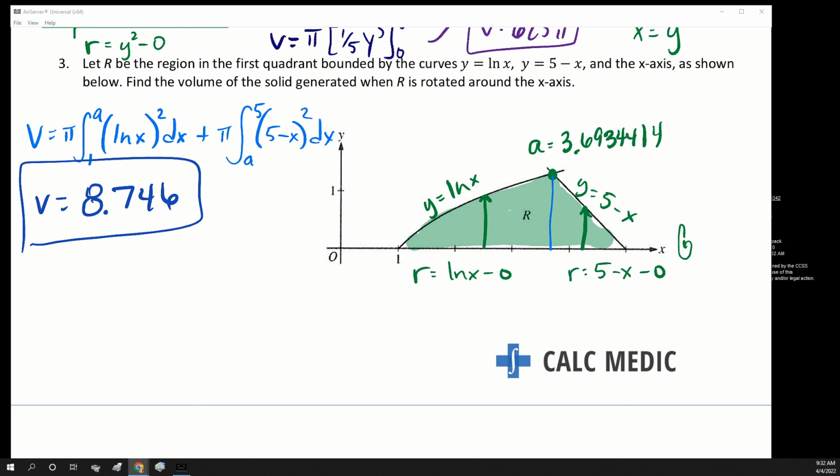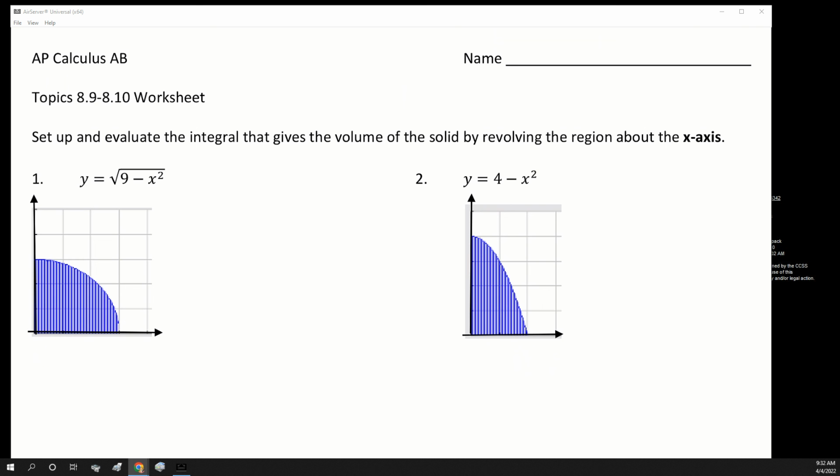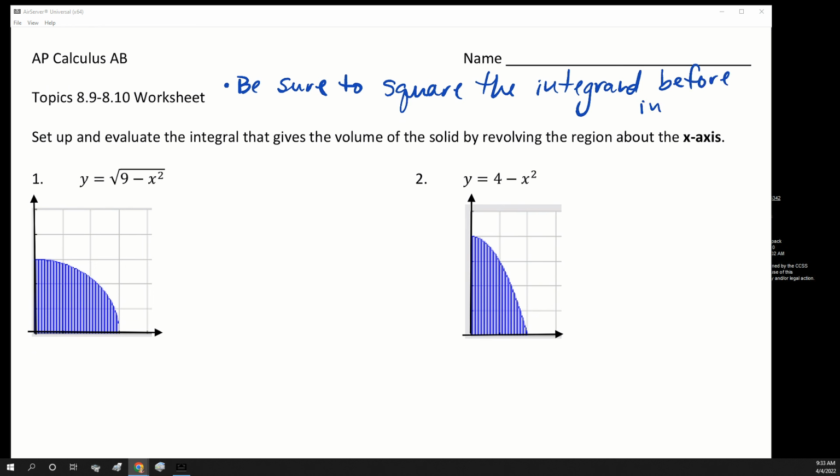All right. Do you guys have any questions? All right, your assignment is on the back. And make sure, I wrote a note to tell you guys to be sure to square the integrands before integrating.